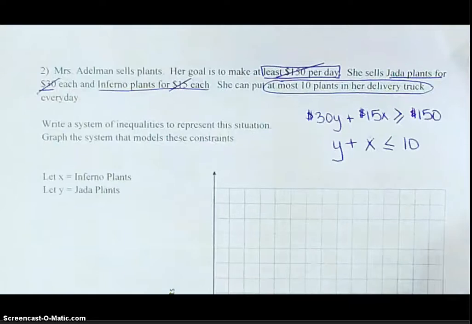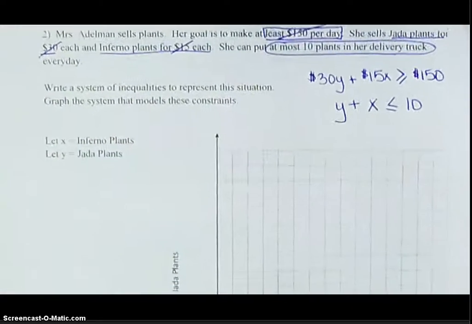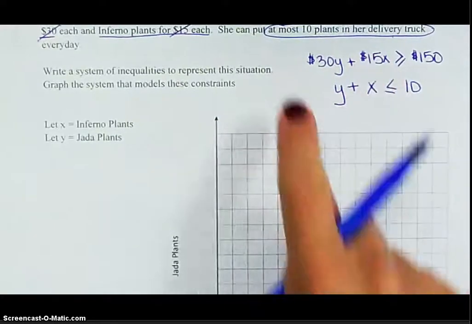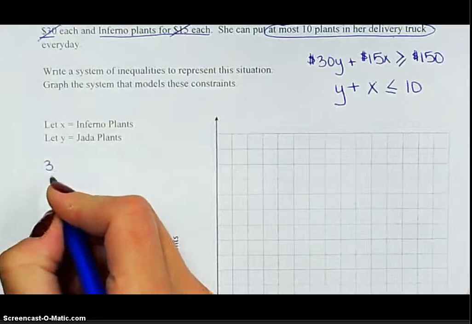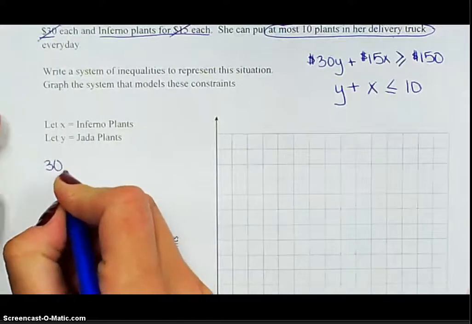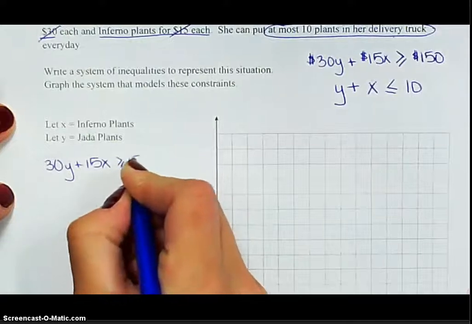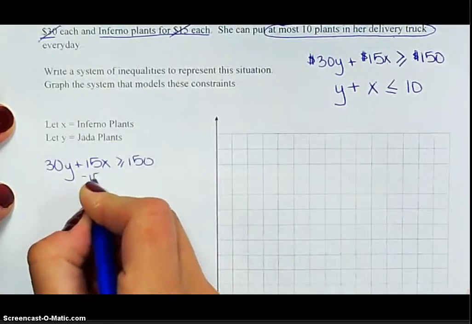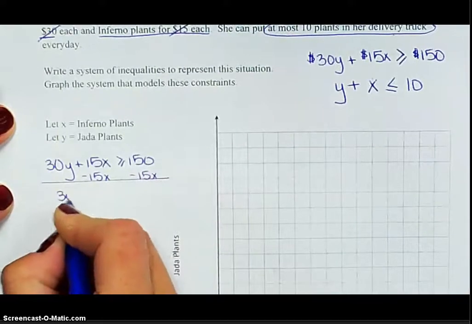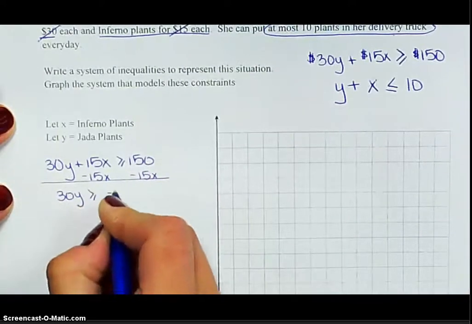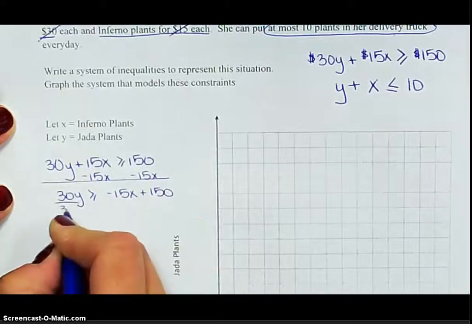Now that we have our two inequalities, it says graph the system. So I'm going to change both of these so that the y is alone. Here we subtract 15x, so we have 30y is greater than or equal to negative 15x plus 150, and then divide everything by 30.